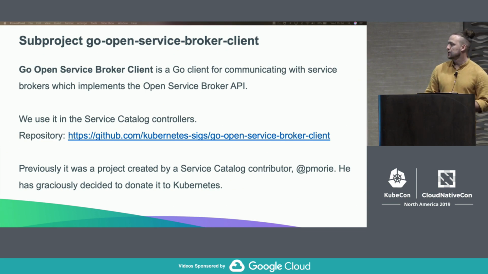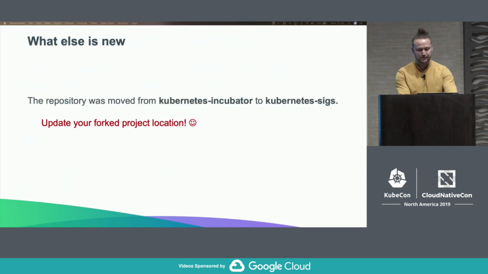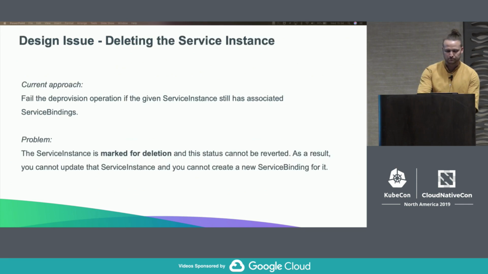We use that client in our Service Catalog controllers, and it's also right now under the Kubernetes SIGs organization. The last thing is that we finally migrated from the deprecated Kubernetes incubator organization to Kubernetes SIGs. So do not forget to update your fork projects location on your local machines.